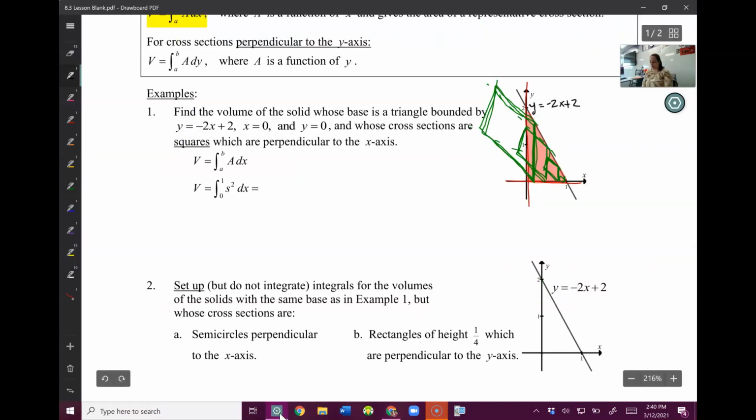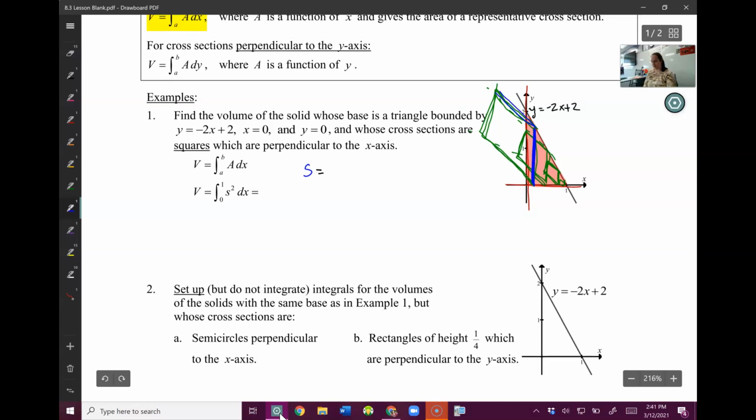So to do the volume, we do the integral of the area of our cross section. So this cross section is a square, so the area is s squared. So we just need to figure out, what is s? Well, let's color code this a little bit. S is the base of my square, because here I have s squared.